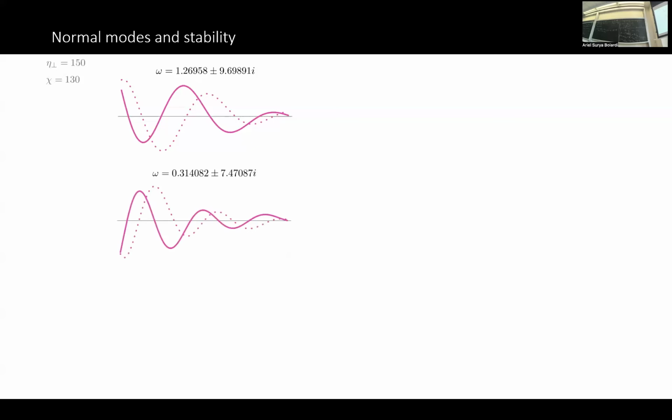For these parameters, we also find other eigenvalues. One is positive and the remaining are negative.